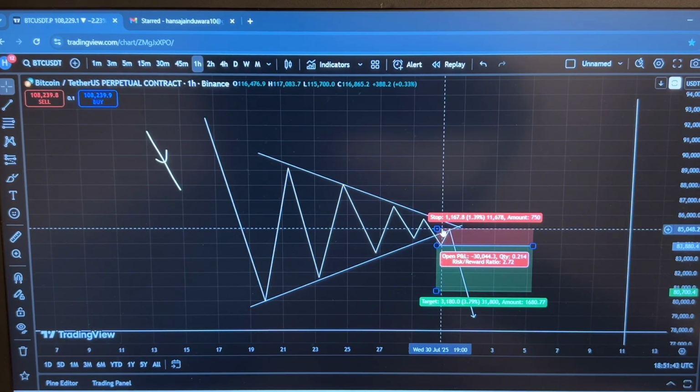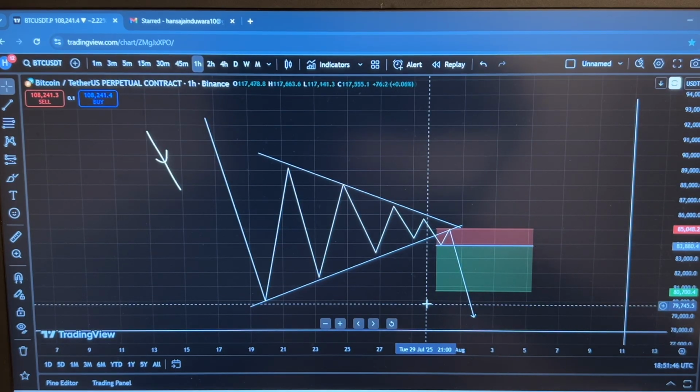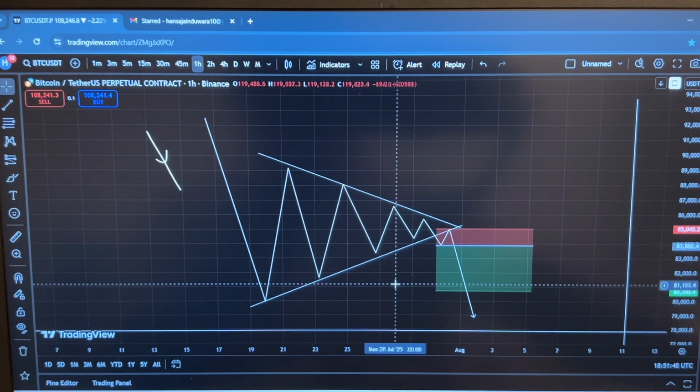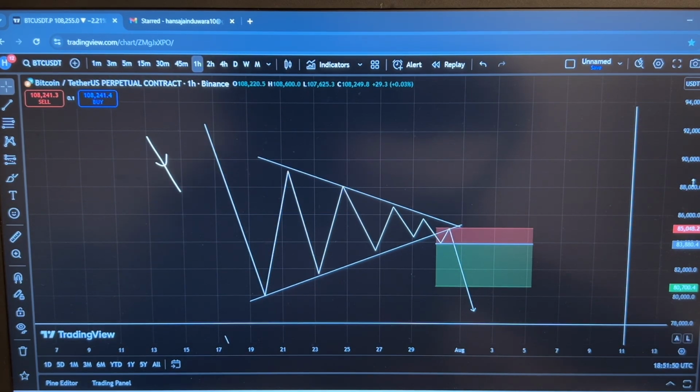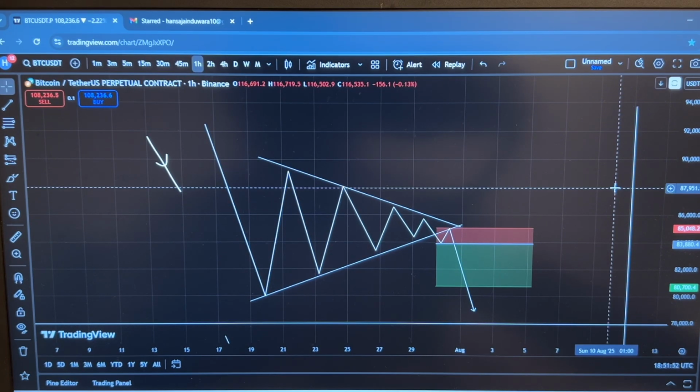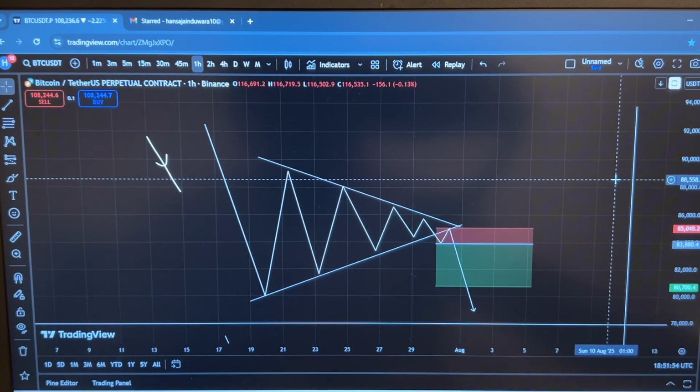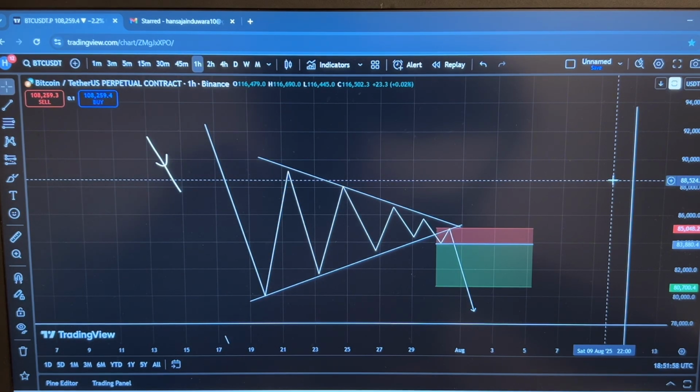So this is the SL, this is your entry, and now for the TP. I don't know whether you can remember, but I talked about Fibonacci, that I'm going to use Fibonacci levels to find the TP here.